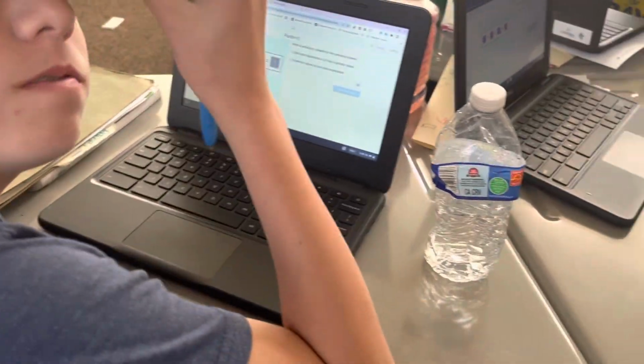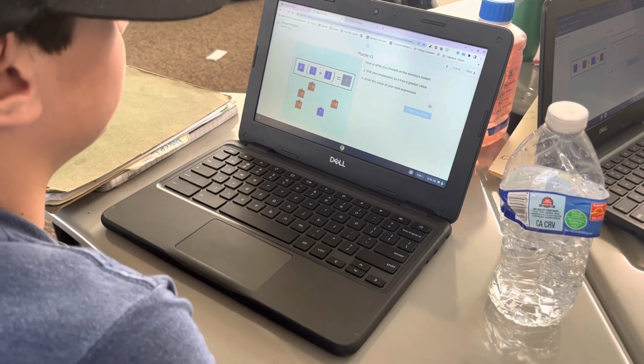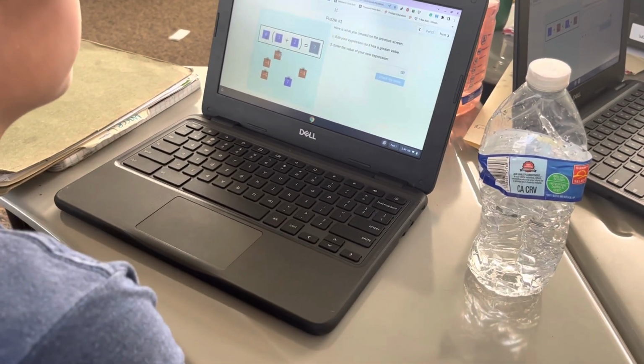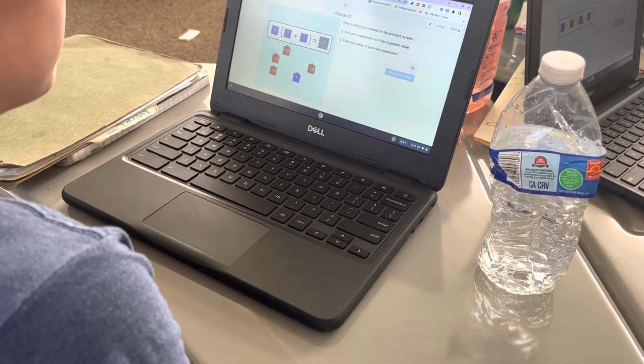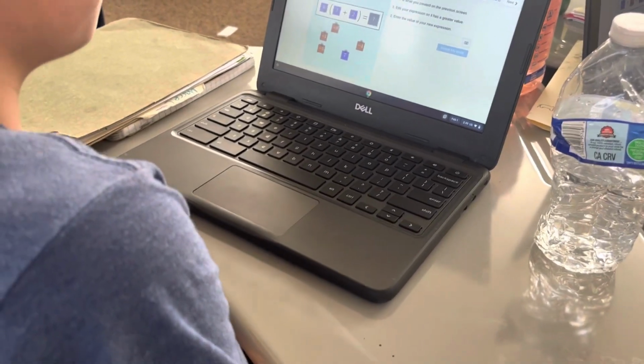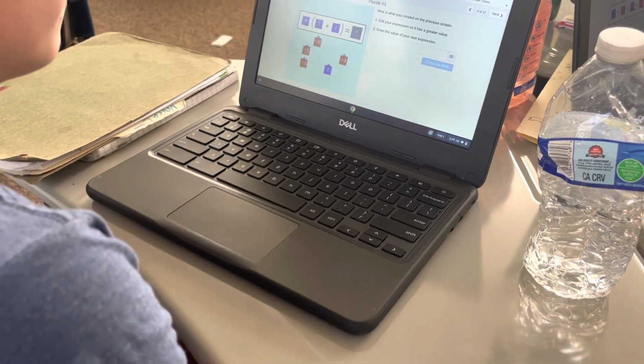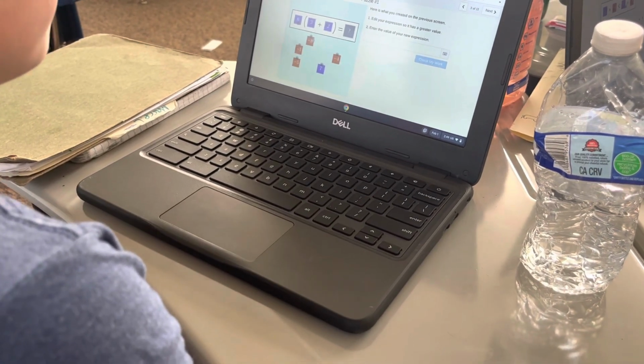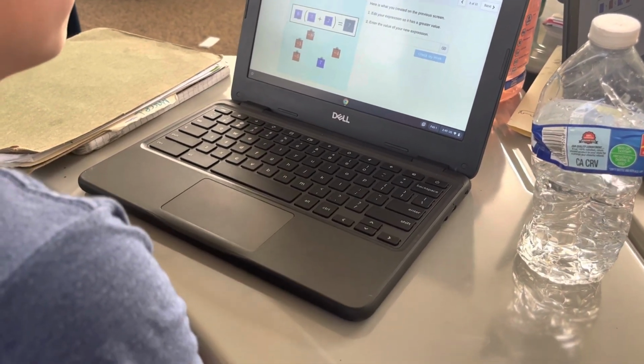All right. So tell me about your equation. What are we going to do first, thinking about order of operations? 3 plus 2. Okay. 3 plus 2 is? 5. Okay. And then what do you do next? Then times 6. When it's outside the parentheses, it tells us we need to do the distributive property, which is multiplication. So you do 5 times 6, which is what? 30.